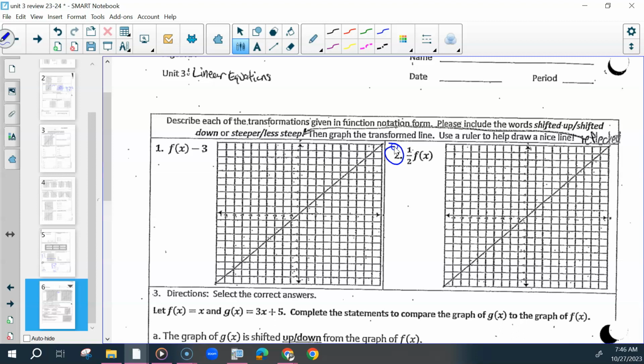What happened? What changed here? The one percent? So not the y-intercept, it's multiplying, so that's the slope. What happened to the slope? It's less steep because it's a fraction where the numerator is less than the denominator.